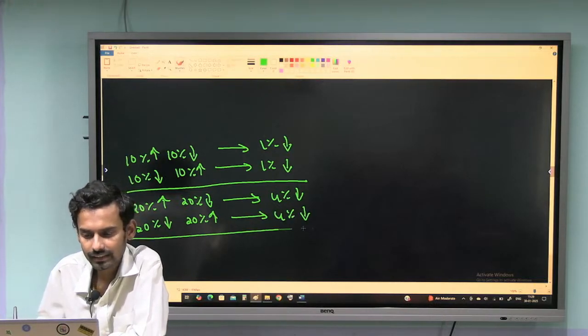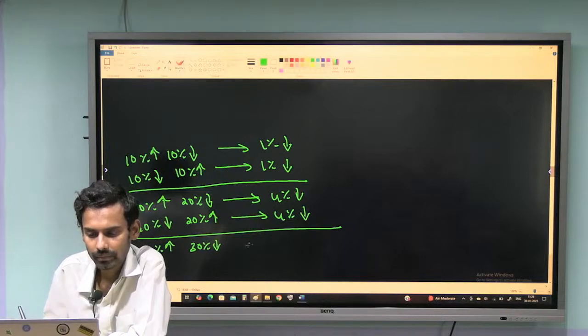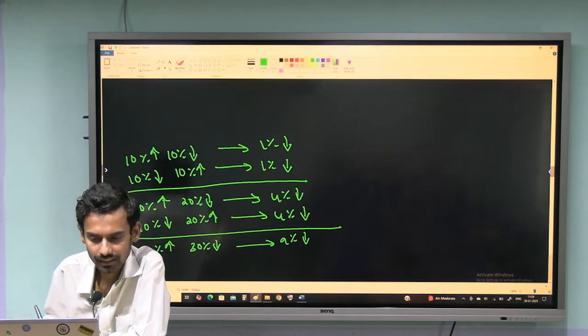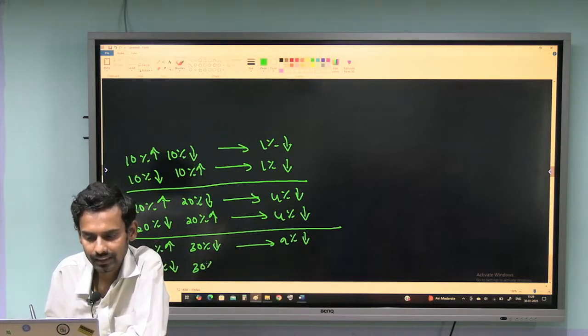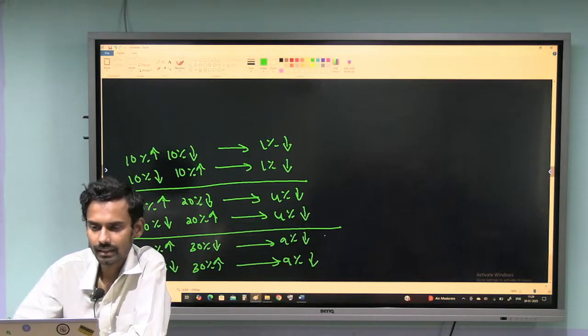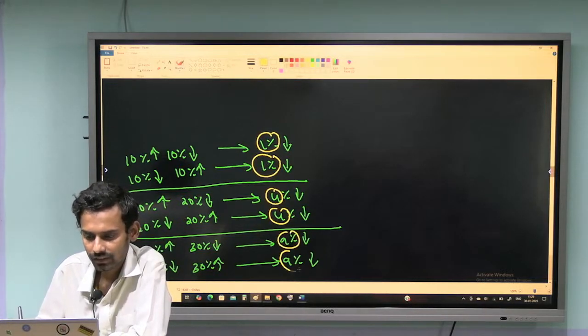And in the third case, the previous problem which we solved, I increased this by 30% and then decreased by 30%, my answer was 9% decrease. Similarly, if I decrease by 30% first and then increase by 30%, my answer will be again 9% decrease. If you observe the pattern here, here it is 1, here it is 4, here it is 9. Let me write it for one more.